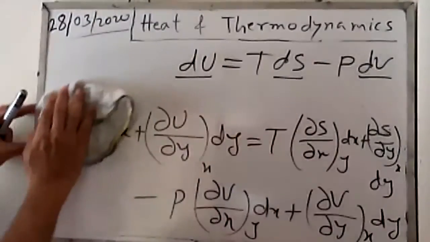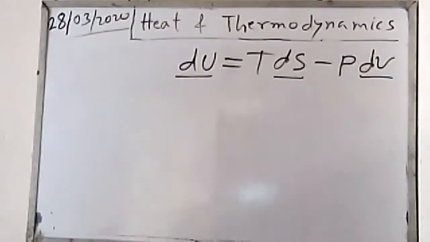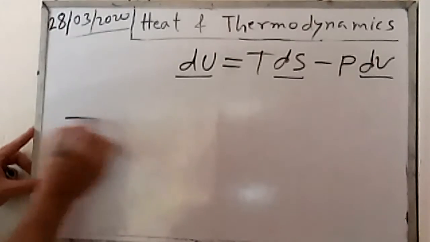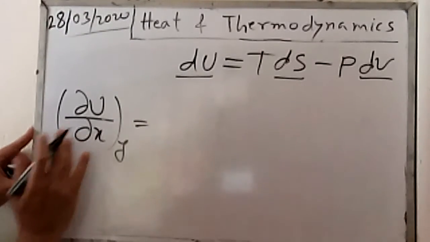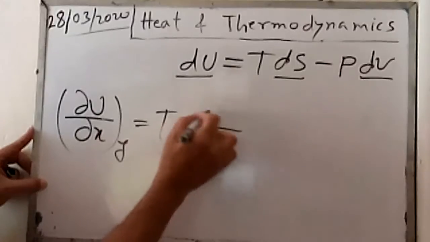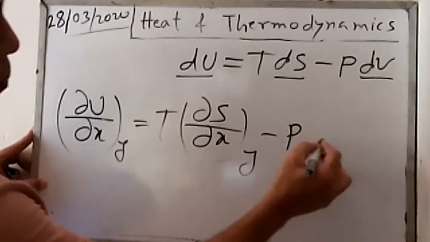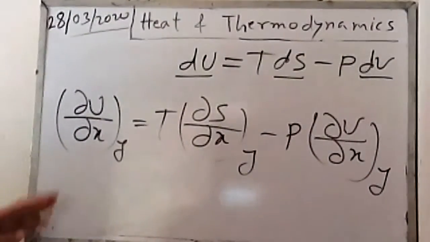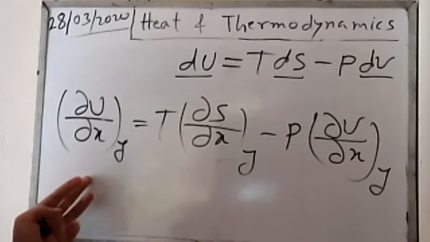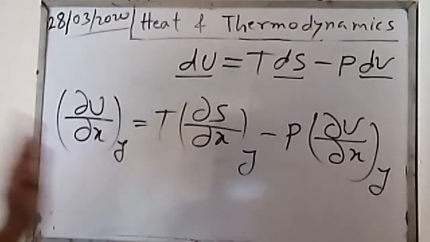Now you separate the dx and dy, then you will get the coefficient of dx and the coefficient of dy. Since the left hand side and right hand side are equal, the coefficient of dx on the left hand side and the coefficient of dx on the right hand side will be the same.